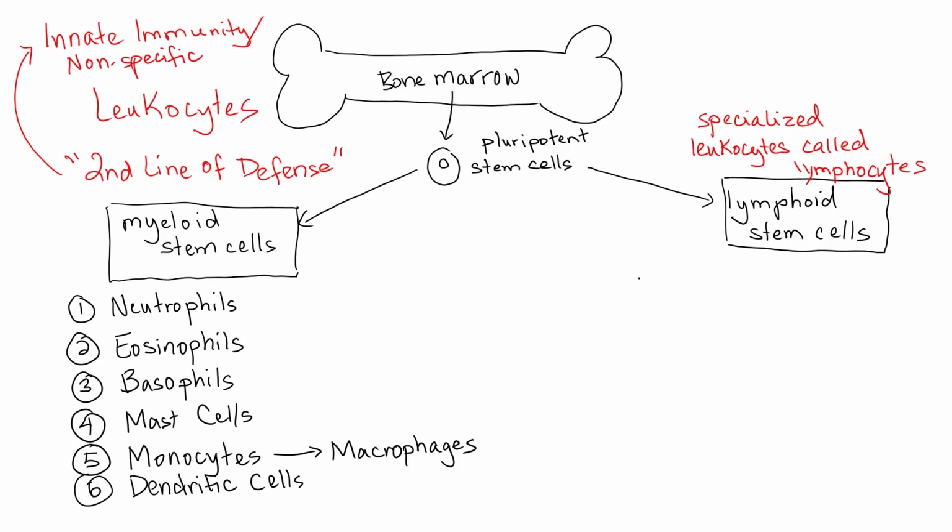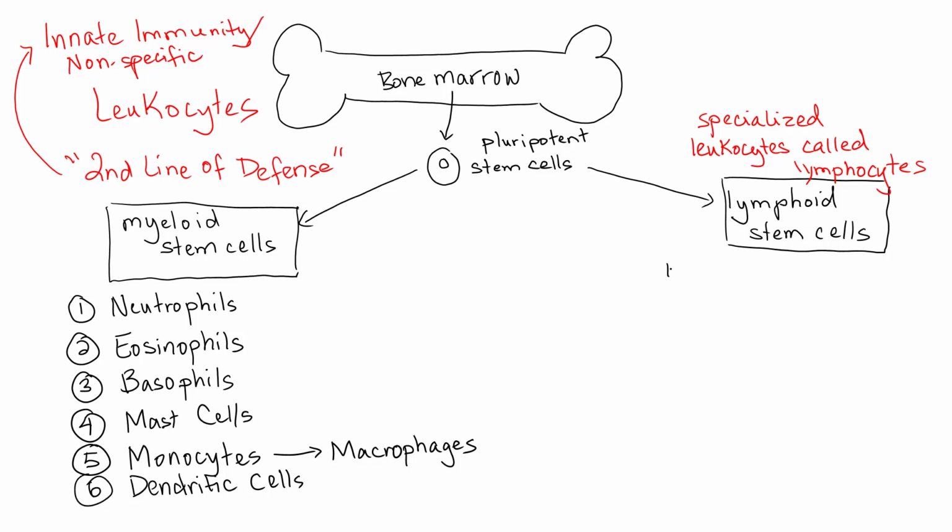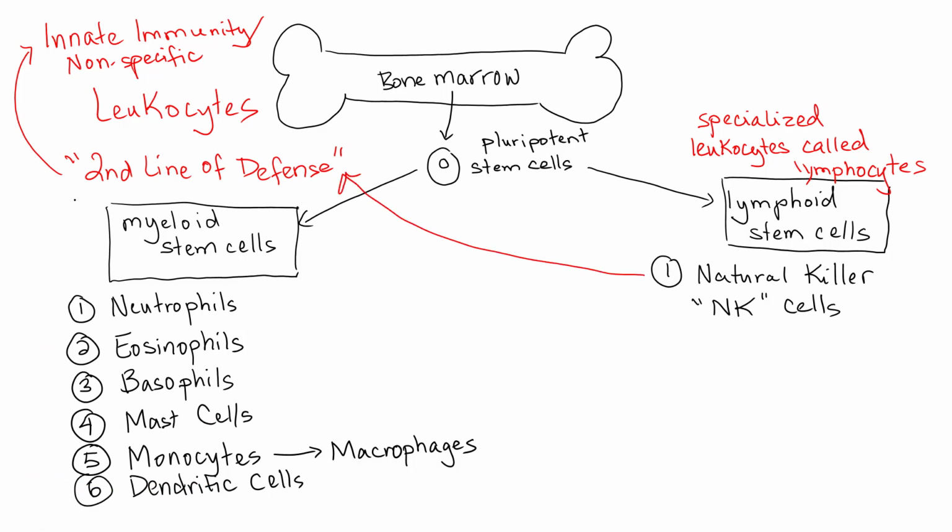So one more that falls into this category of second line of defense, and these are called natural killer cells. That's a pretty cool word, actually, natural killer, like born to kill. Sometimes they're also referred to as NK cells. These are also part of second line of defense, so let's draw an arrow connecting them here, in coordination with these other 6 leukocytes that differentiate from myeloid stem cells.